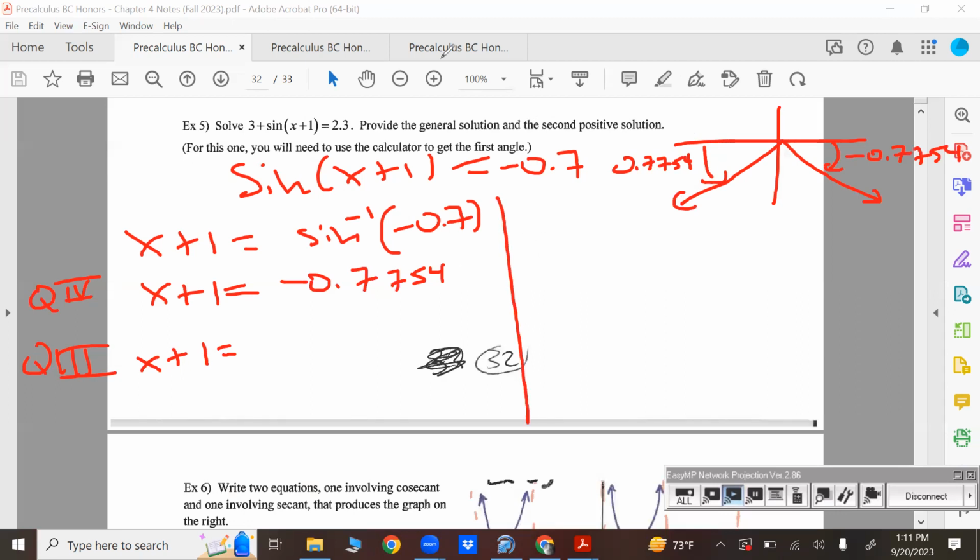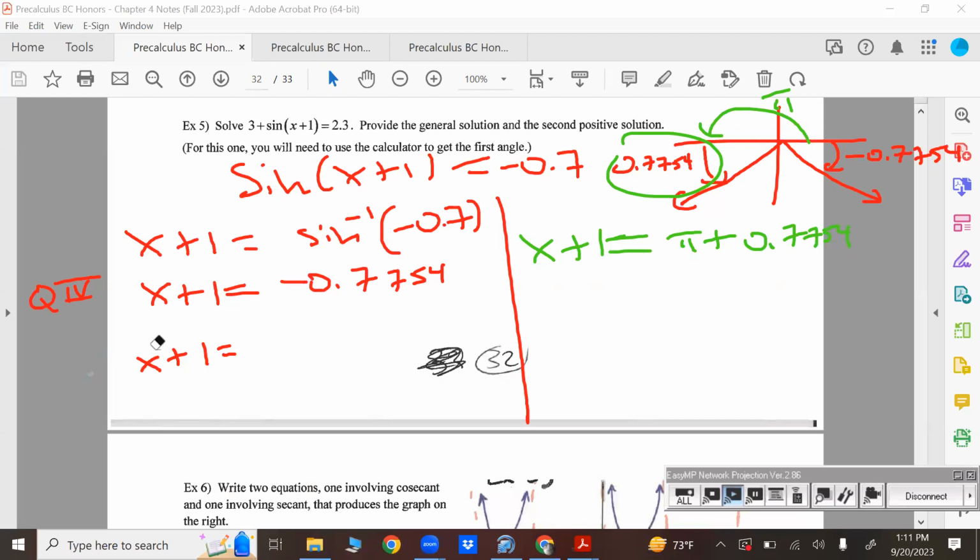So this means that x plus 1 would also equal pi plus 0.7754, because that's pi, and you're adding that reference angle to get the third quadrant angle. Right, exactly. Yes, that's correct.